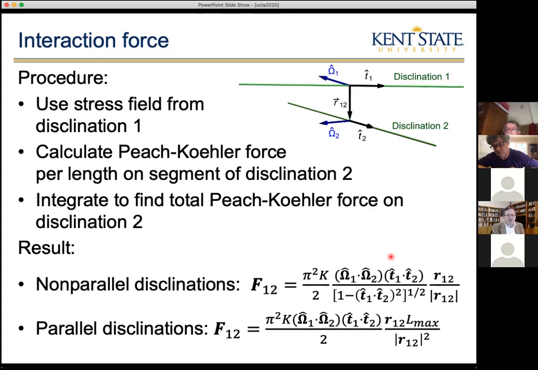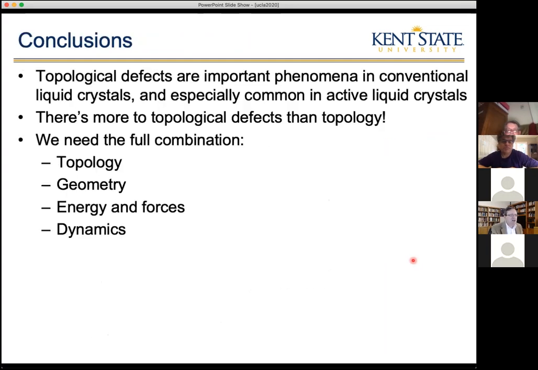Okay, I'm a few minutes over time, and this is maybe a reasonable stopping point. So I will just wrap up with the conclusions here that topological defects are important in conventional liquid crystals. They're especially common in active liquid crystals. And there's more to topological defects than topology.